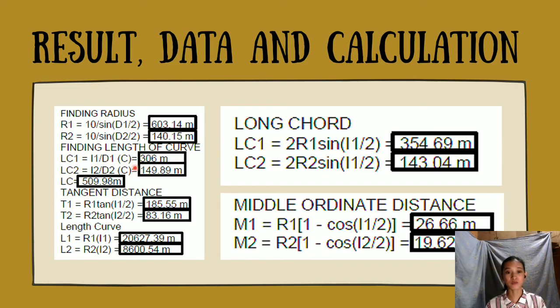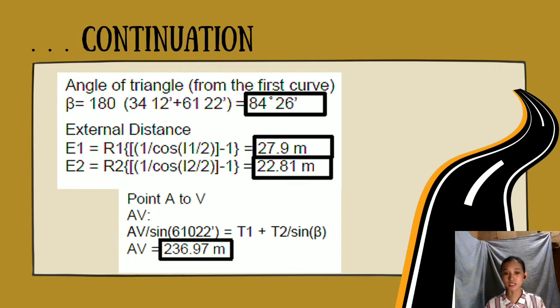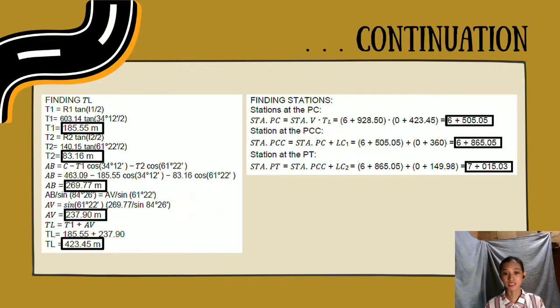Adding LC sub 1, which is equal to 360 meters, and LC sub 2, we get the length of the compound curve, which is equal to 509.89 meters. With this information, we can solve for the long chord and the tangent distance of the simple curves, as you can see here. You can also use it to solve for the middle ordinate or the external distance.